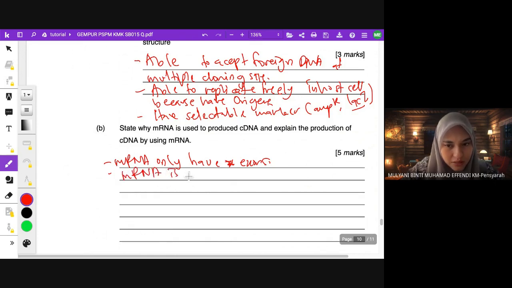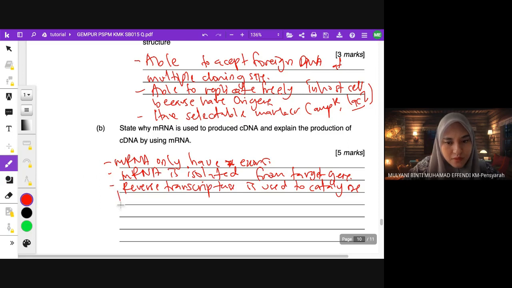Okay, so mRNA is isolated from target cell, okay, reverse transcriptase is used to catalyze the synthesis of single-stranded cDNA.